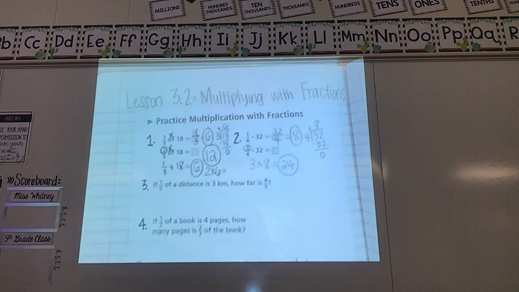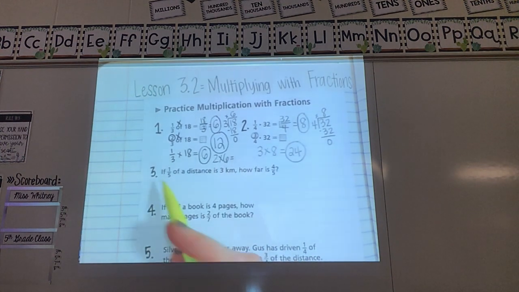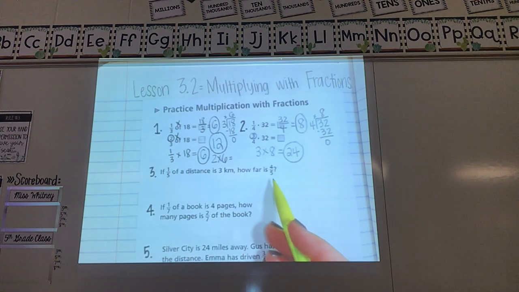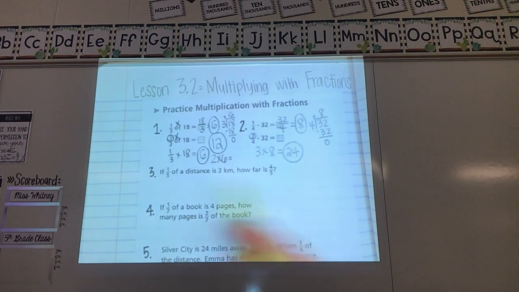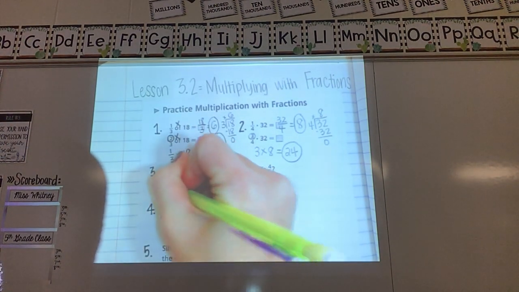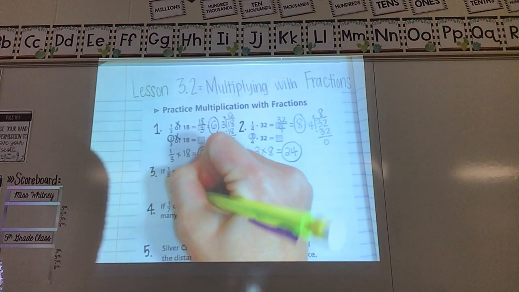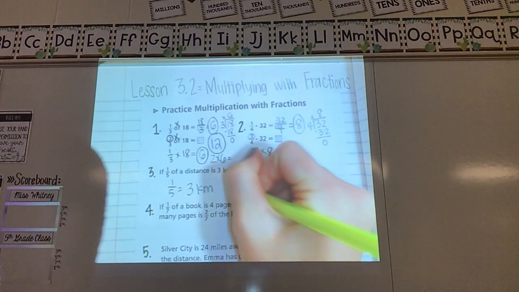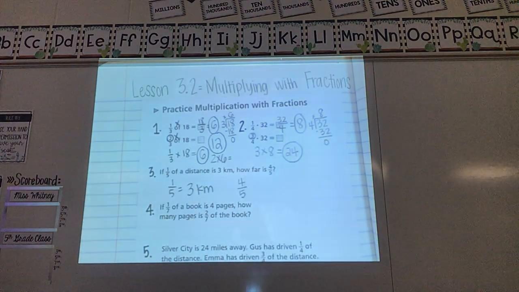Let's try that trick on number 3. If 1/5 of a distance is 3 kilometers, how far is 4/5? So they're telling us 1/5 is equal to 3 kilometers. What if I wanted to figure out 4/5?